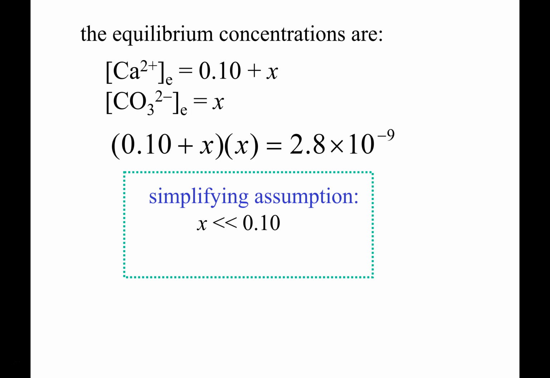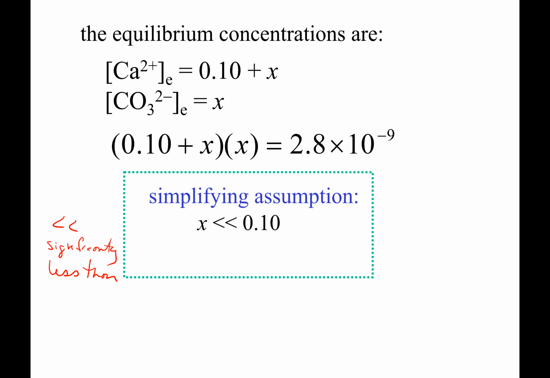If we assume x is, the double less than means significantly less than, if we assume x is significantly less than 0.1, then our life becomes easy. Now, what is x? X is the molar solubility.